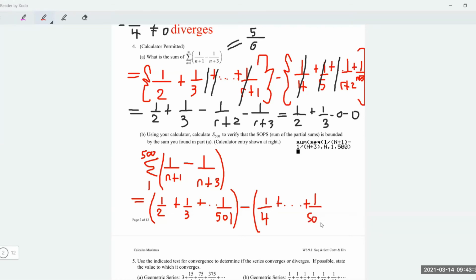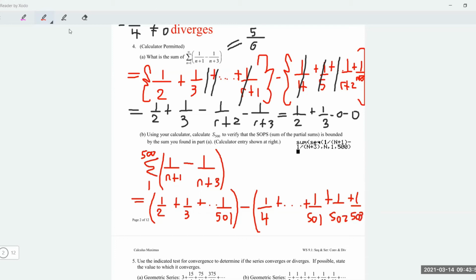Then if you put in the 499 term, you get plus 1 over 502. Then if you put in the last term, you get 1 over 503. And you might say, why do I show you all of that?